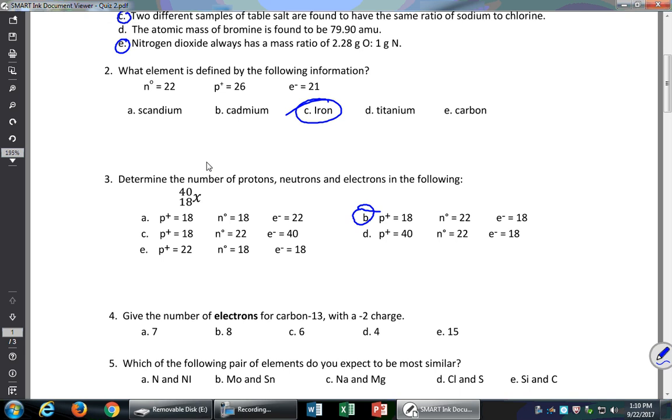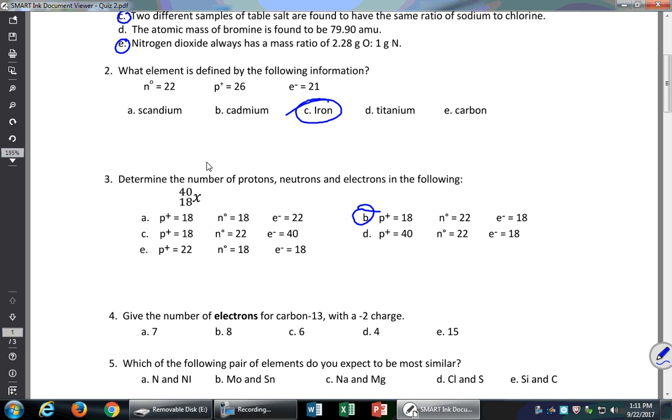And we know our number of electrons equals our number of protons, because if we had a charge, it would be shown here, just like a normal charge is. We don't have a charge shown, so we know we have equal protons and electrons, which is true for B. That's the only one that is true for, but let's also make sure that our neutrons are correct.